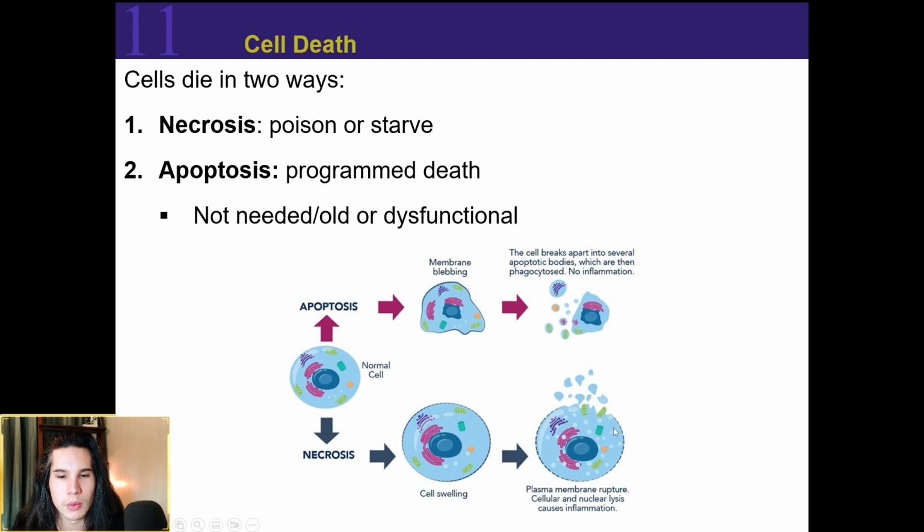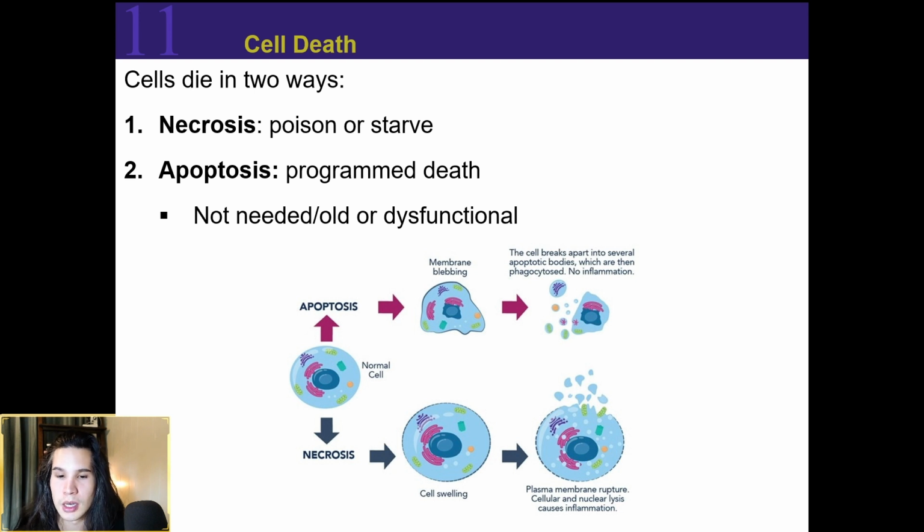It kind of wreaks some havoc within that tissue. However, another type of death is programmed cell death. This is where a cell would be potentially programmed to die, whether it's not needed, it's old, it's dysfunctional, or even if it's helping in forming the morphology of the multicellular organism.